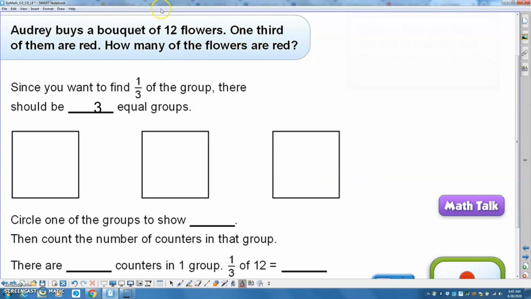Now we know we have 12 flowers. So to find 1/3 of that group, we have to split the 12 flowers into the 3 groups. So let's do that. Let me go ahead and go back to my pointer. And let's put 1 dot in each group until we get to 12.